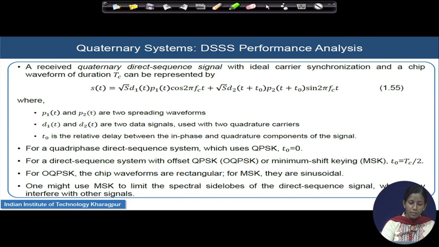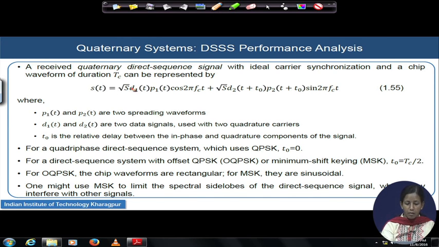In such a situation, the received signal, which is also equivalent to my transmitted signal because the wireless channel is not considered when we are writing this equation, will be given by this expression.